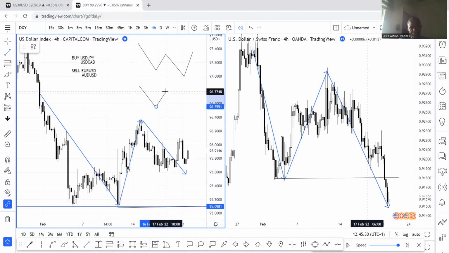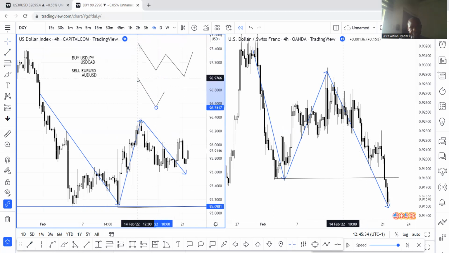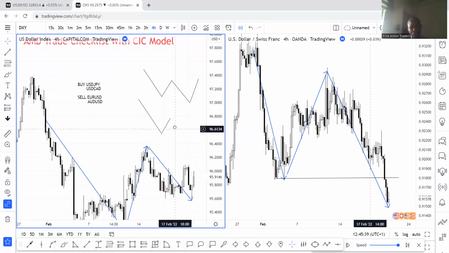So in this case, we are not using indicators because of the lagging situation of so many indicators in the market. So we don't use indicators.